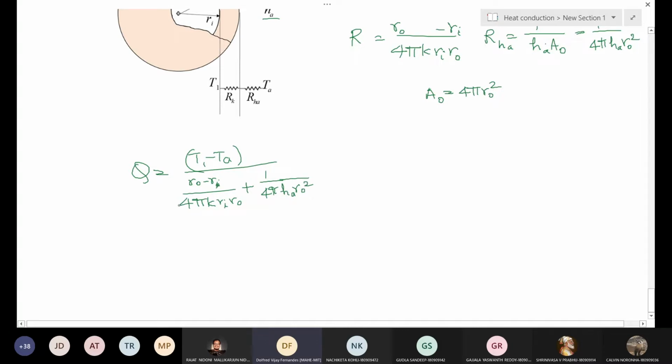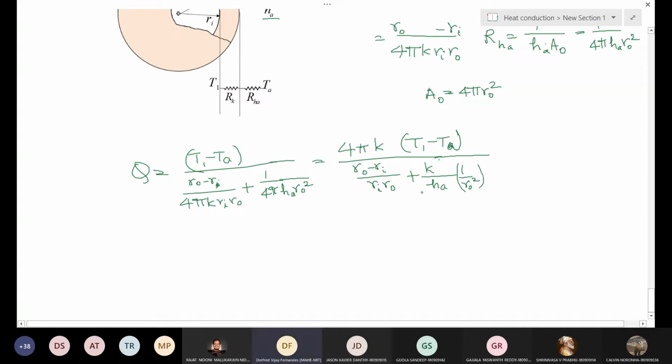Now what I will do is I will take 4 pi K to the numerator and write it the same way which I did for the cylindrical wall. T1 minus T_air divided by (R outer minus R inner) divided by Ri R_o, then since I have taken K to the numerator, I have K divided by HA into 1 by R outer square.